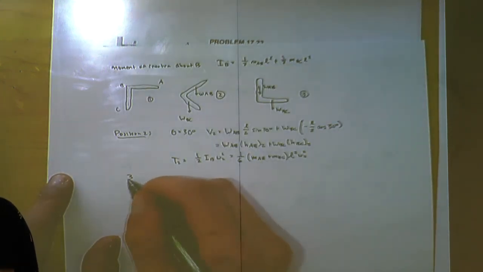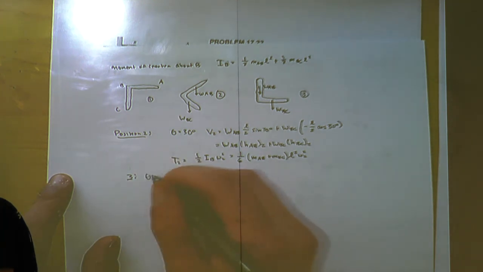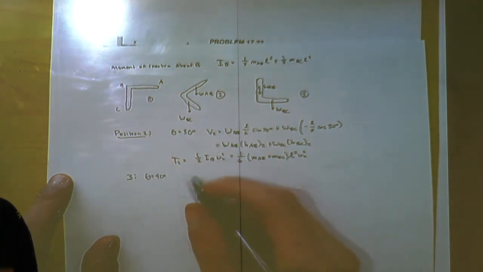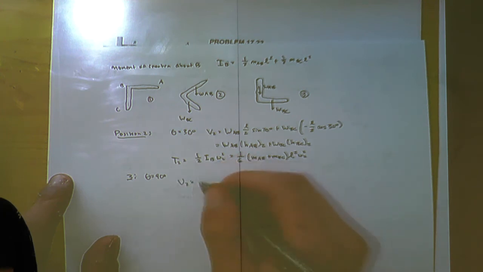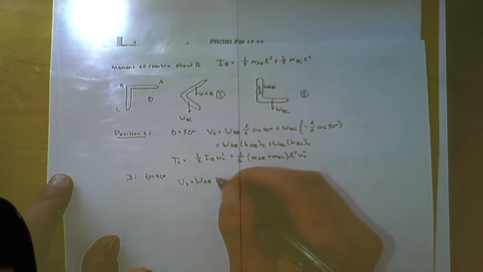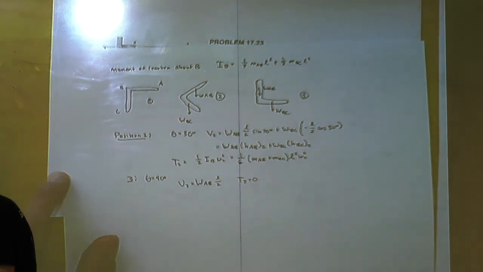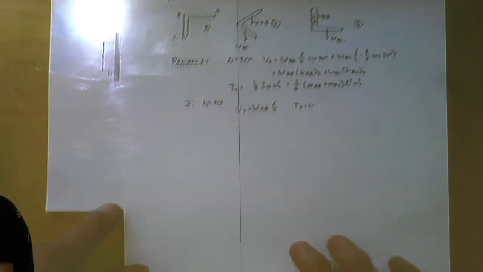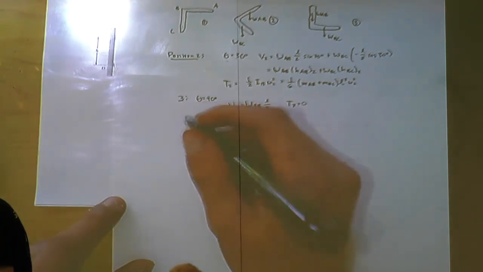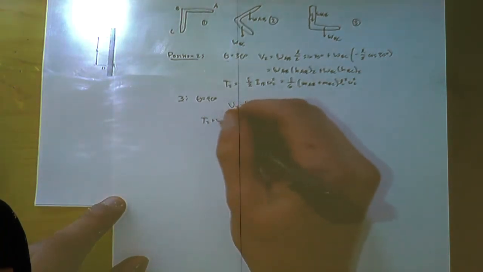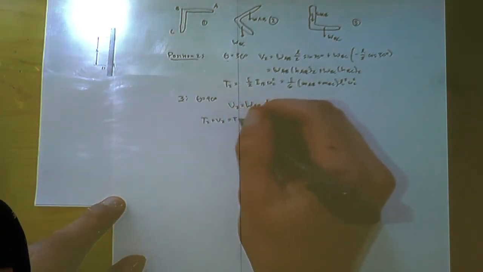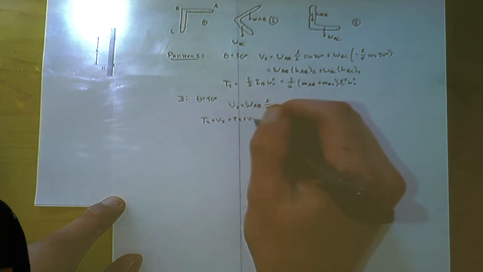And at 3, we have theta is 90 degrees. So we have V is weight of AB times L over 2, and the kinetic energy is 0. So using the conservation of energy, we have T2 plus V2 is equal to T3 plus V3.